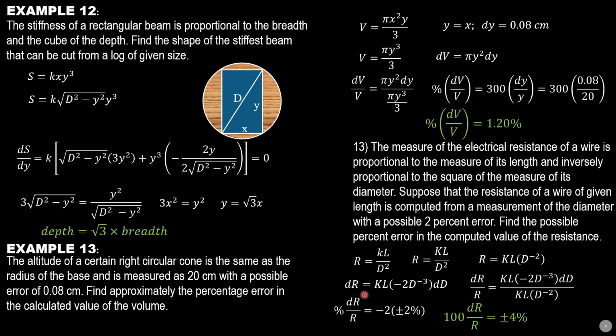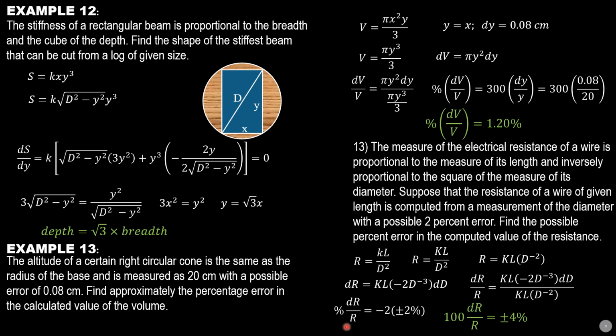So the differential of R therefore is constant KL times negative 2, power formula, D to the negative 2 minus 1, so negative 3, times differential of the diameter. So dR over R, therefore, is negative 2 D to the negative 3 differential d times KL divided by R, which is KL D to the negative 2. So it reduces to negative 2 differential d over d.